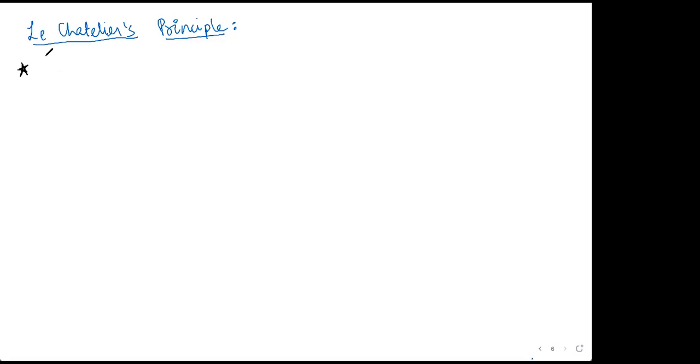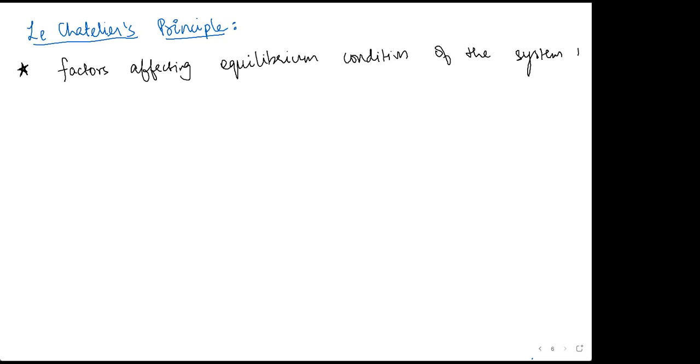And Le Chatelier's principle states, the exact statement goes like this: if any of the factors affecting the equilibrium condition of the system is changed, then the system will move towards, so what direction will it move?